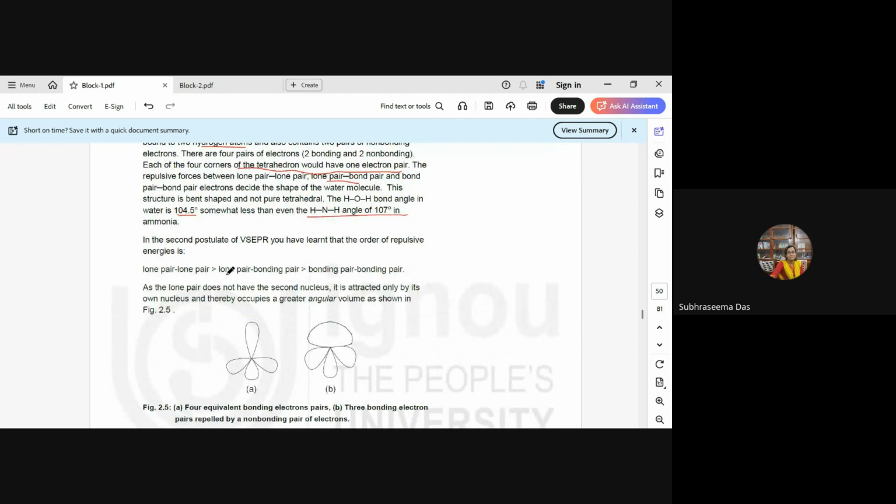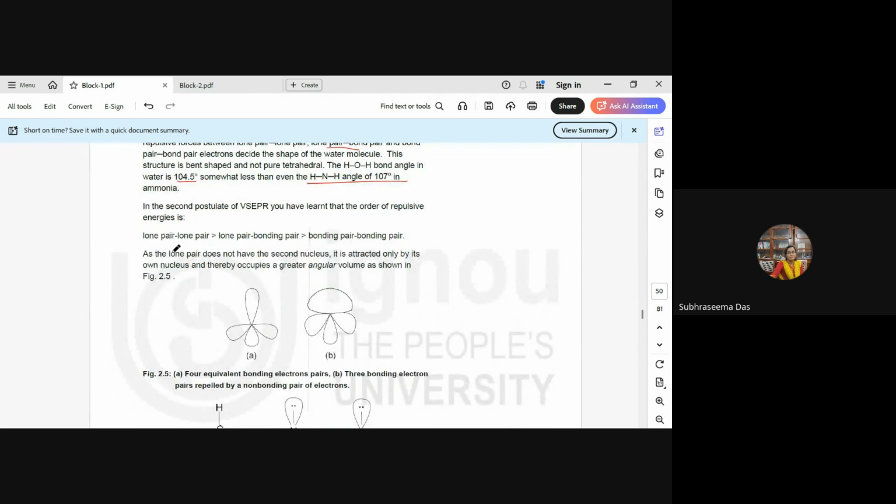So this is how we see how a non-bonding electron pair influences the shape of the molecule. We have learned from VSEPR theory that lone pair-lone pair repulsion is greater than lone pair-bond pair repulsion, which in turn is greater than bond pair-bond pair repulsion.